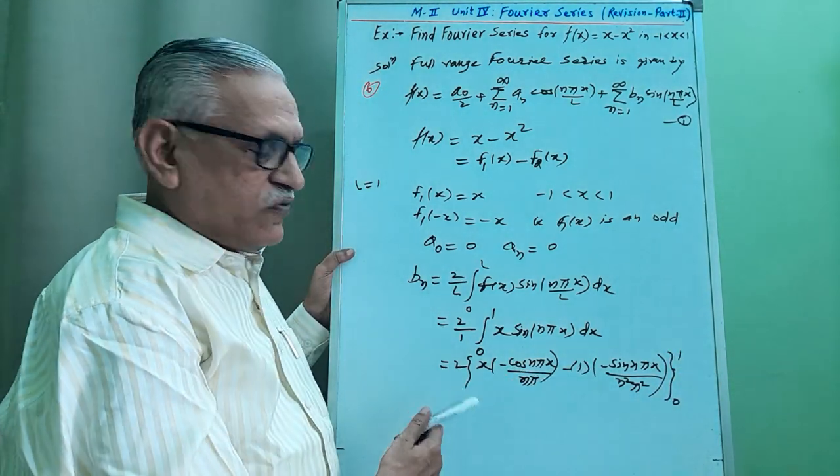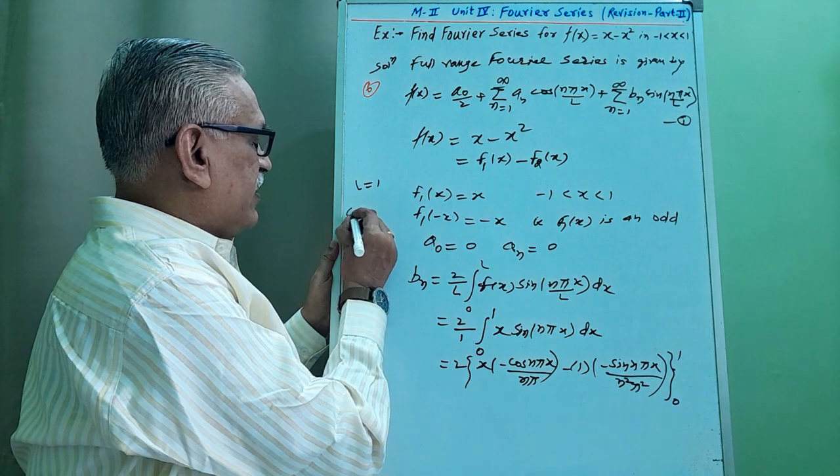When we substitute the upper limit, we have the terms cos n pi and sin n pi.